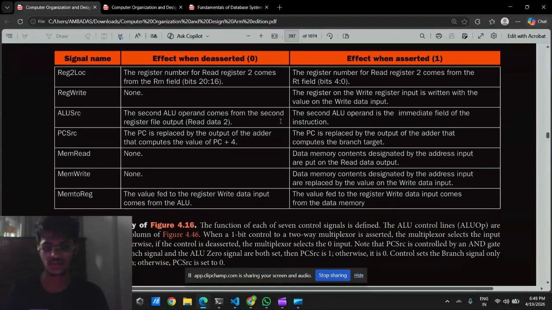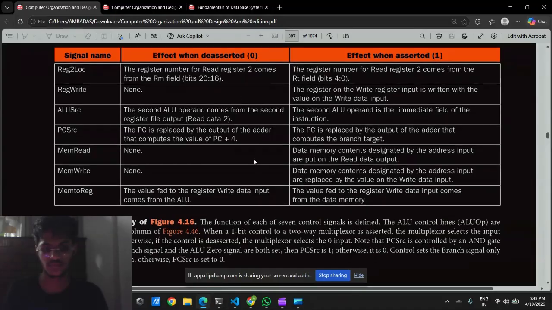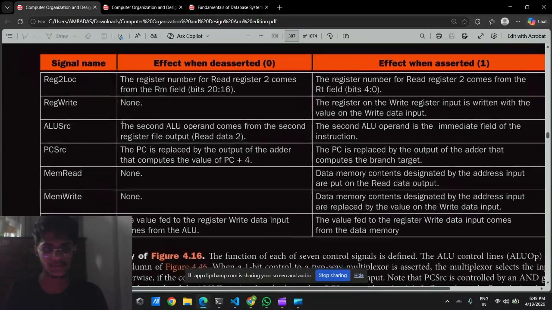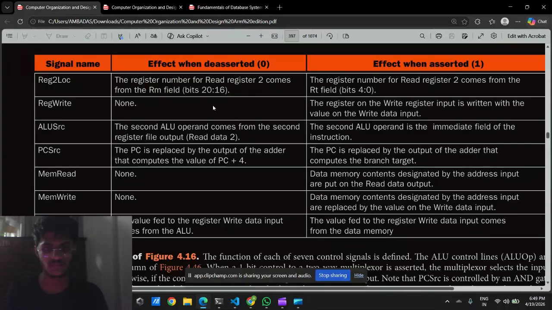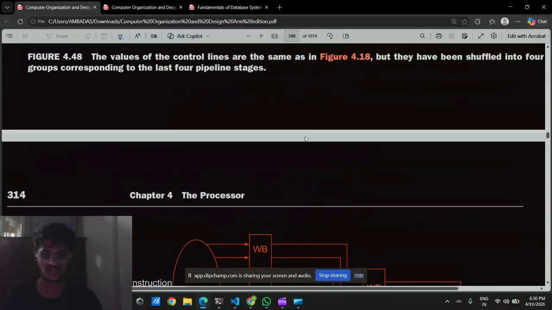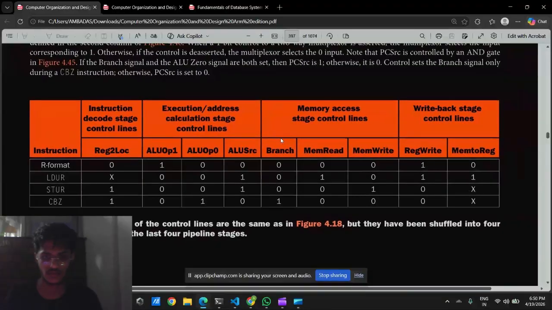So we are once again going through it to just refresh our memory. Let's move to another table.